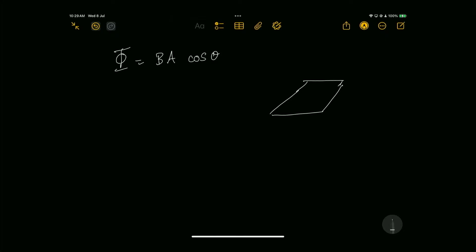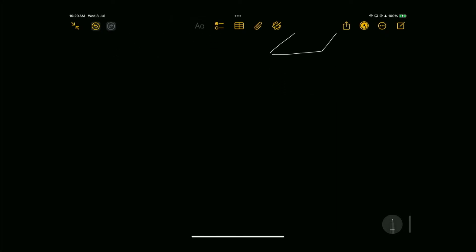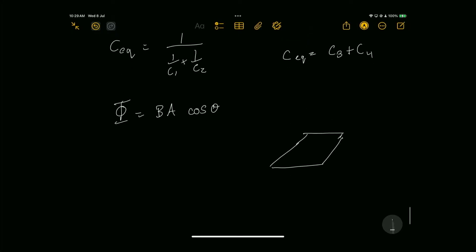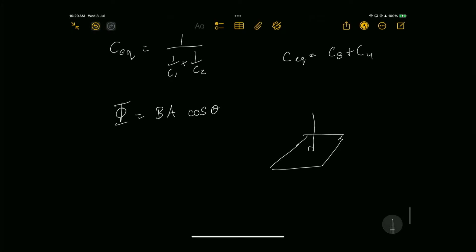Right, so this surface has an area of A, a surface area of A. There is a normal to the surface, and the angle theta is the angle between the direction of the magnetic field passing through the surface and the normal, right? So let's say the direction of the magnetic field was like this, then this is the angle theta here, right?